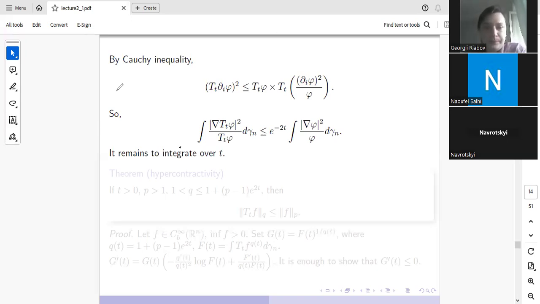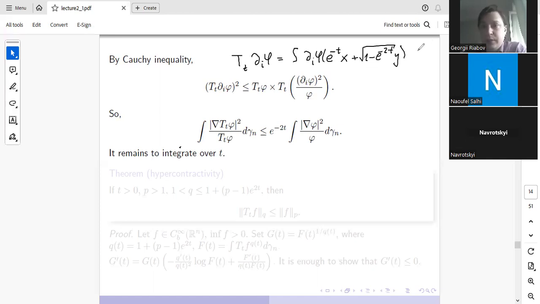Now, the Ornstein-Uhlenbeck semigroup is defined as a certain integral of partial i phi of e to the minus t x plus root of 1 minus e to the minus 2t y, d gamma y.